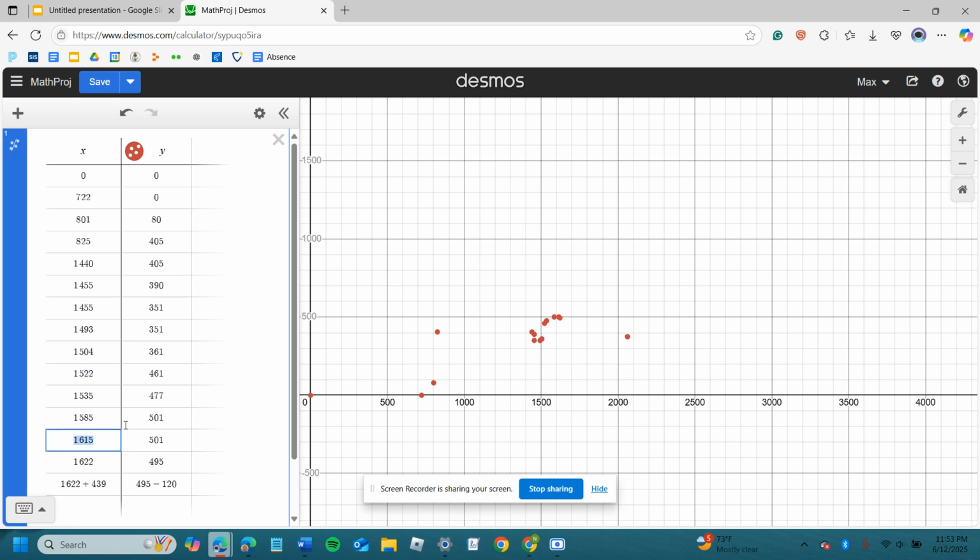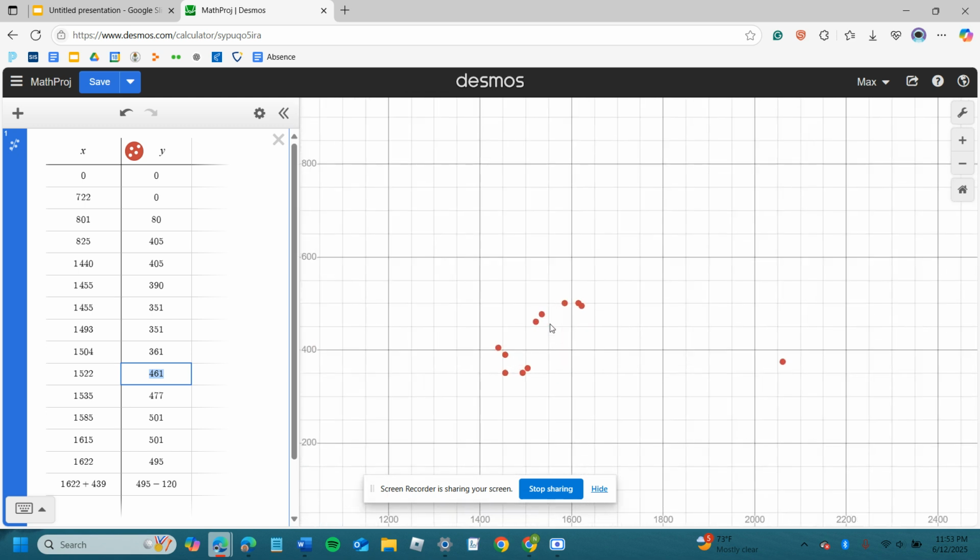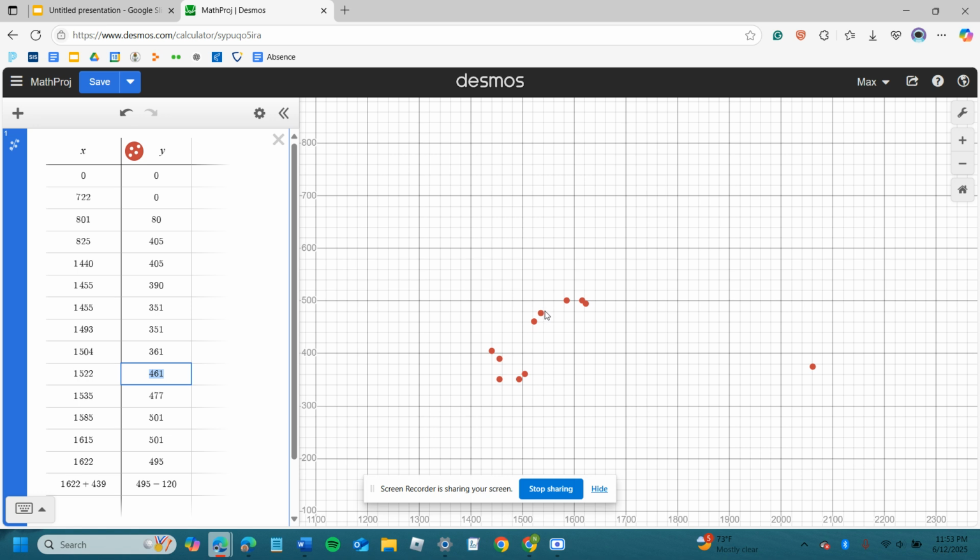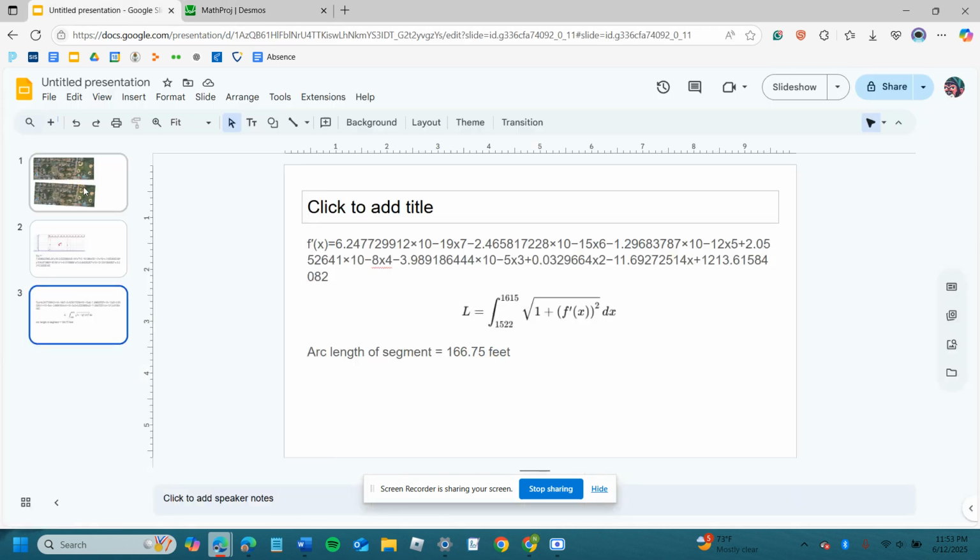That's when it starts rising around here. It goes from 461 to 501. So I captured that part of the curve, which is reflected here.